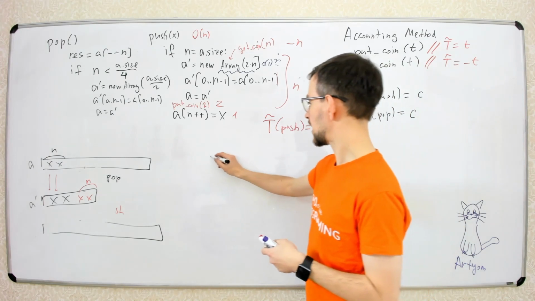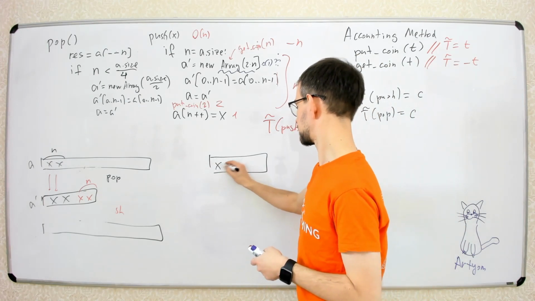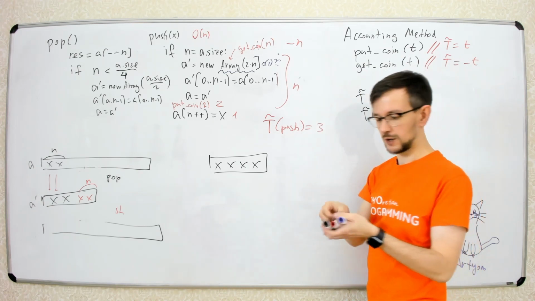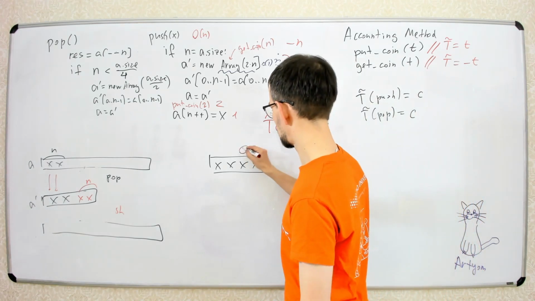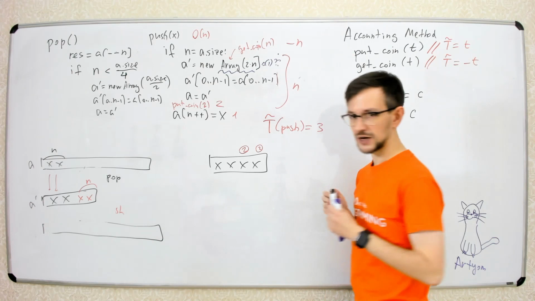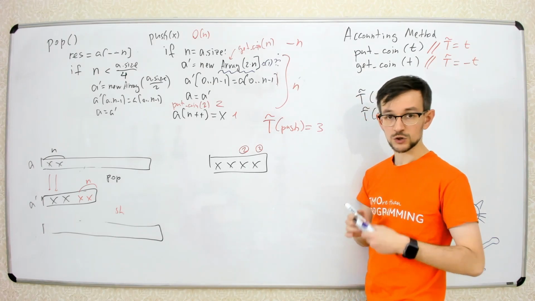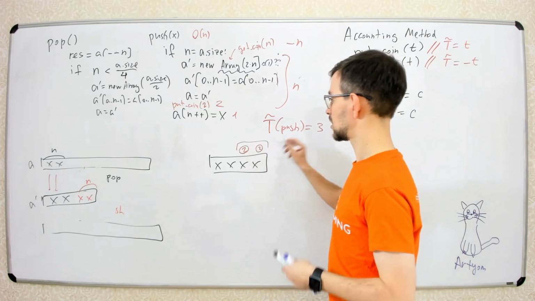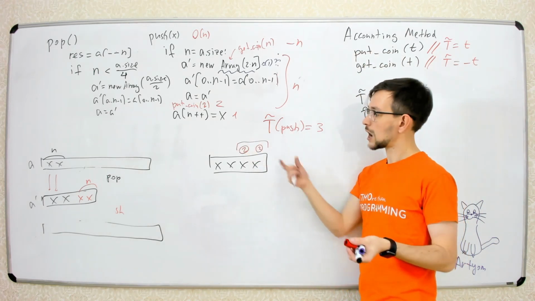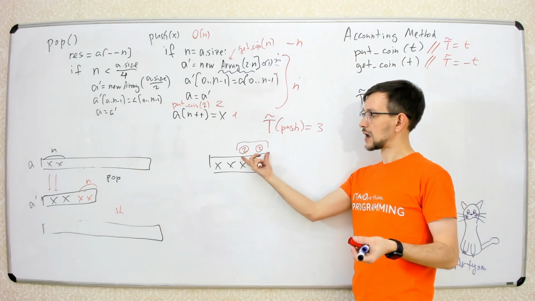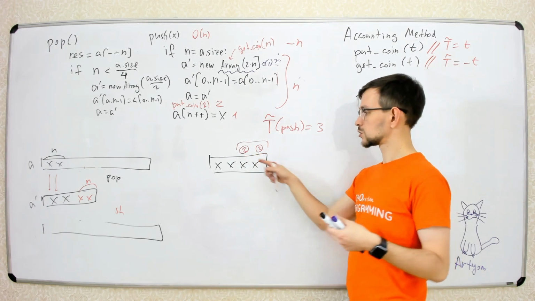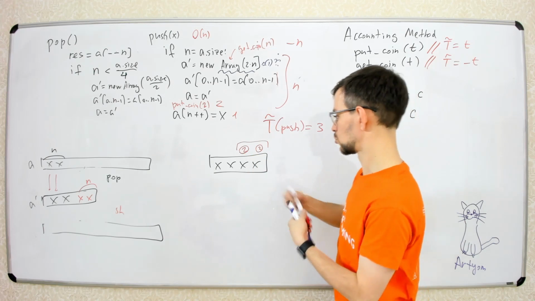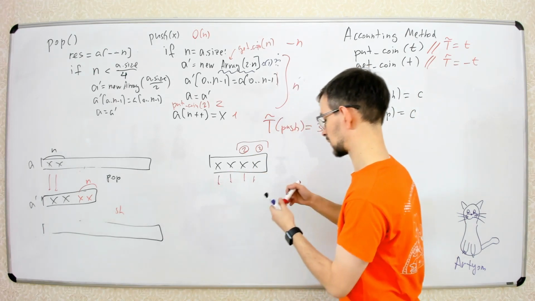When we add elements to the stack, we will put coins on top of each element. On each element, we will put coins of size 2. So when we need to increase the size of the array, we know that this right part is full of coins. So we have n over 2 coins of size 2, so we have n saved time. We use these coins to increase the size of the array.